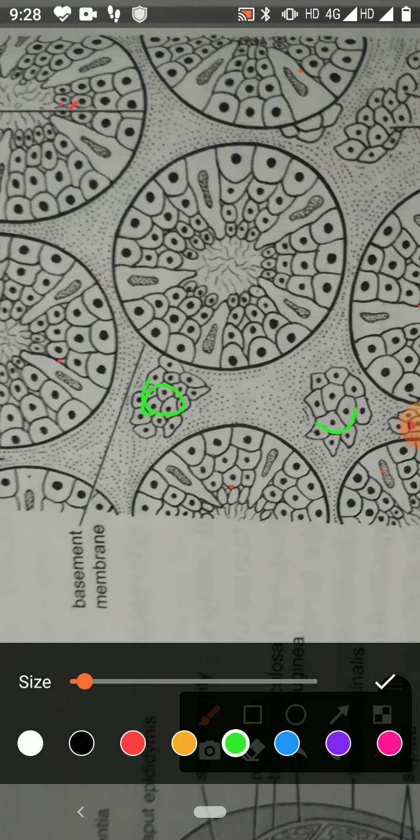These are known as interstitial cells or Leydig cells. These cells produce the male hormone testosterone. Growth of these cells is promoted by interstitial cell stimulating hormone, and these cells produce the male sex hormone testosterone.